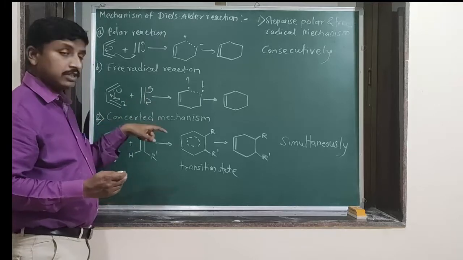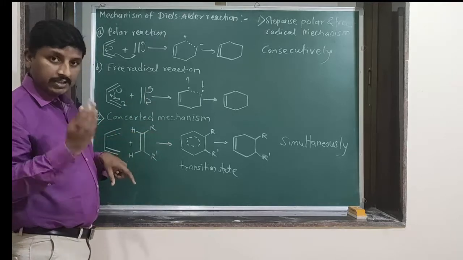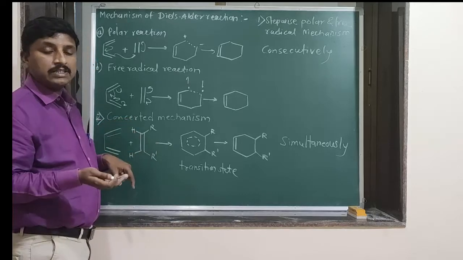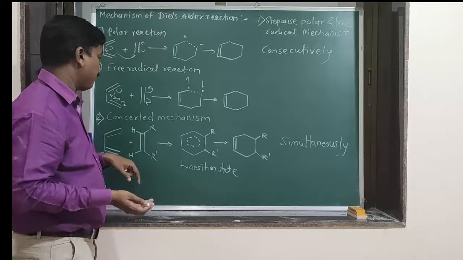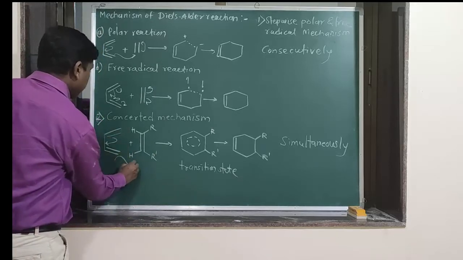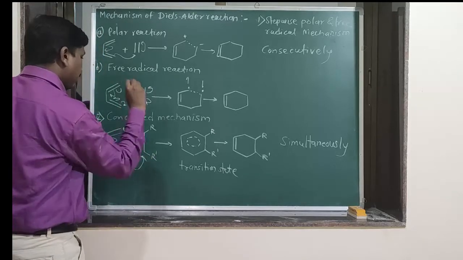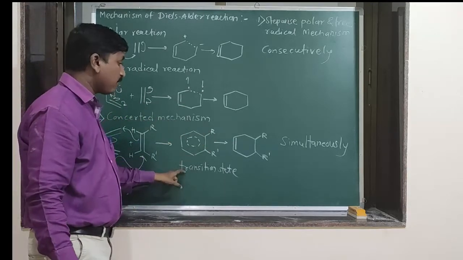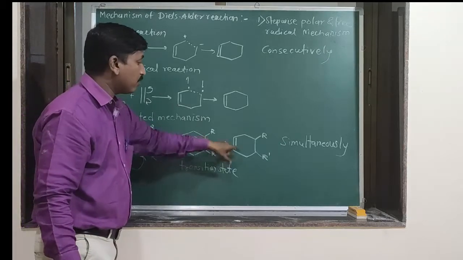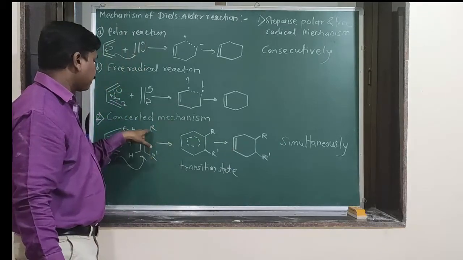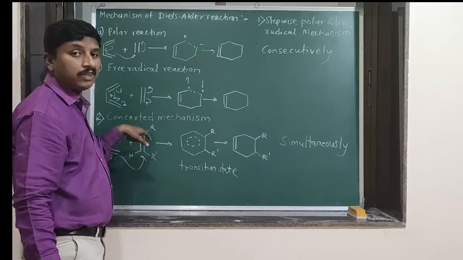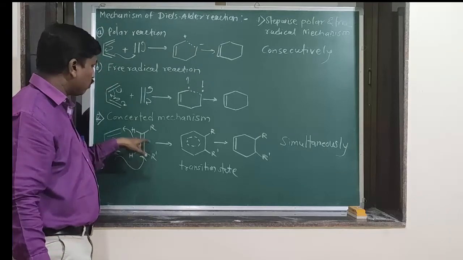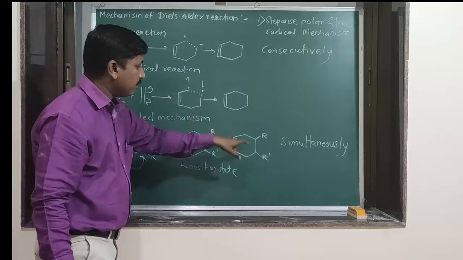Next is the concerted mechanism, which is highly important because it is acceptable and has evidence. Here simultaneous bond making and bond breaking occurs. This pi bond is shifted here, this pi bond is shifted here, and this pi bond is shifted here, and the mechanism proceeds through a 6-member transition state. Simultaneous bond making and breaking occur, and the product is formed. Here the stereochemistry of the dienophile is maintained. That means these two groups which are cis in the dienophile are retained as cis in the product.